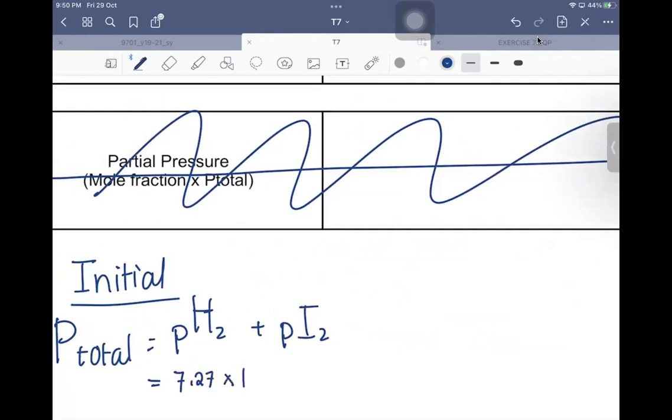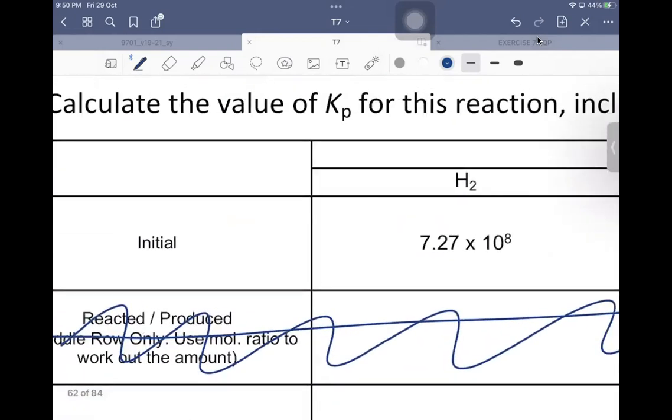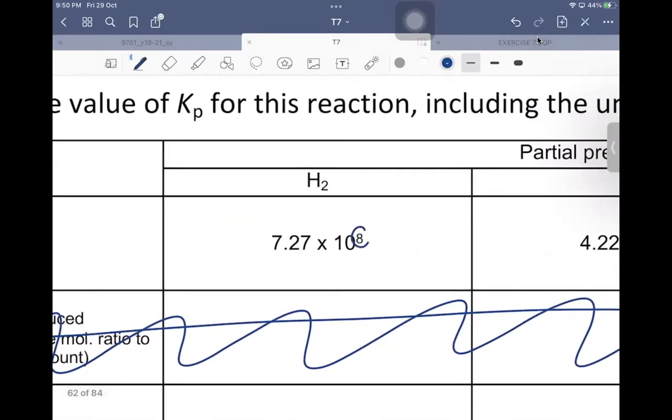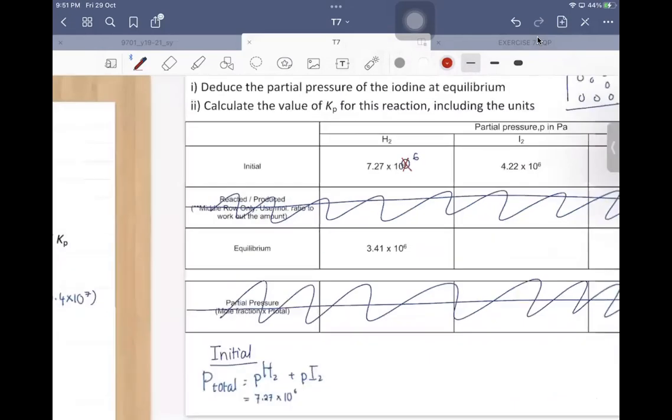Oh, I have a typo there. It should be times 10 to the power of 6, not 8. Okay, the initial partial pressure of hydrogen should be 7.27 times 10 to the power of 6.